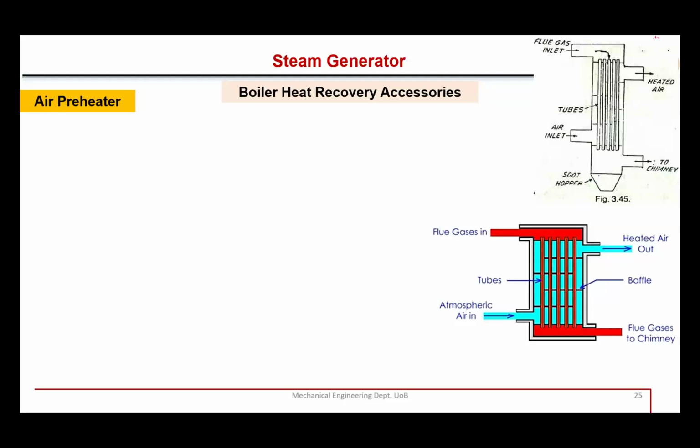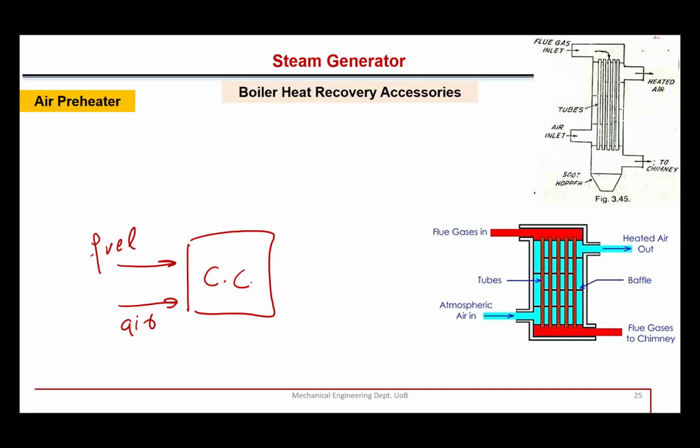In some power plants, they also use preheaters, because in that combustion chamber we are supplying air and fuel. That is the combustion or furnace which is producing the hot gases, and those hot gases are going into the boiler or heat exchanger.